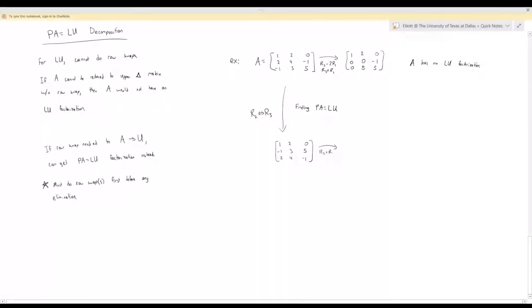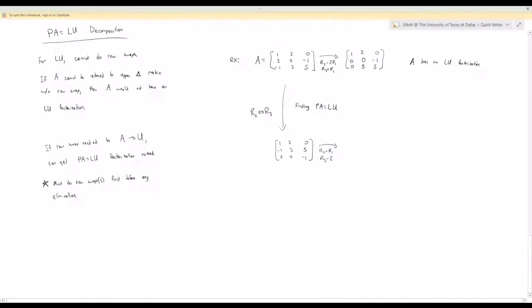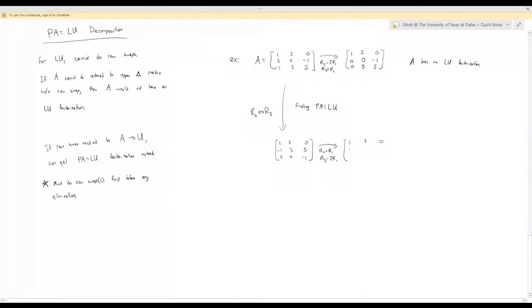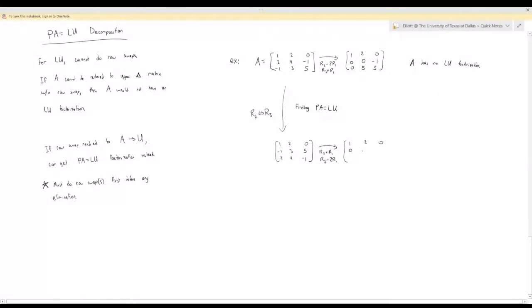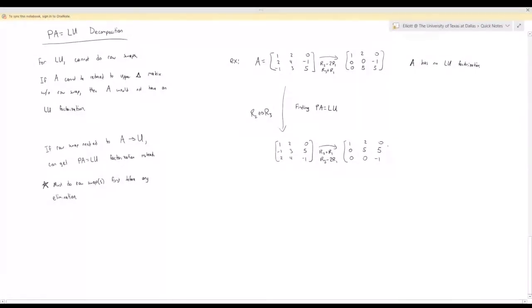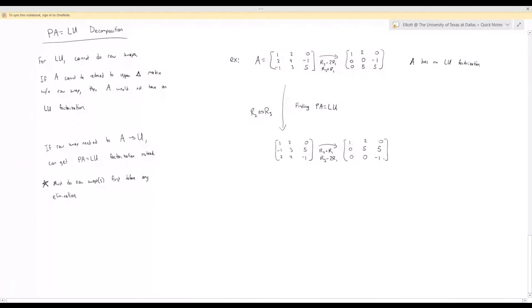So we'll do row 2 plus row 1, row 3 minus 2 row 1. Okay. And now we've reduced it to this upper triangular matrix, which we'll call U.